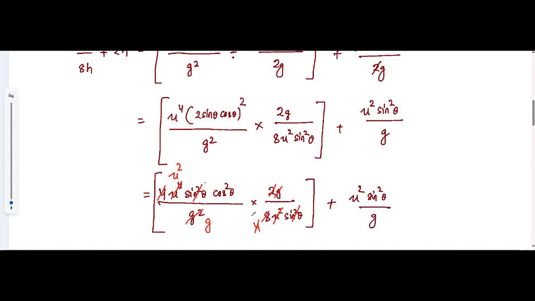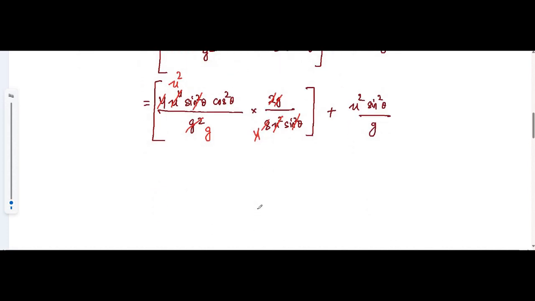So this becomes u square cos square theta by g, plus u square sine square theta by g.